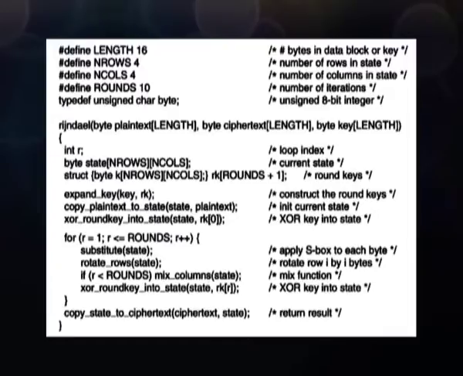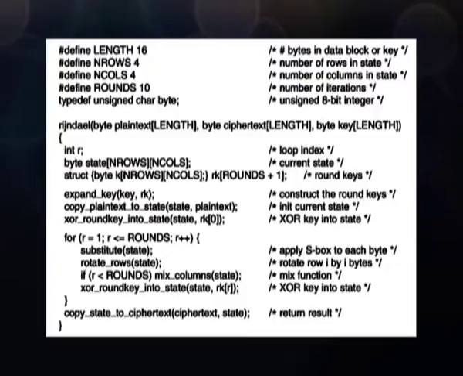This step is a straight monoalphabetic substitution cipher. Step 2 rotates each of the 4 rows to the left. Row 0 is rotated 0 bytes, row 1 is rotated 1 byte, row 2 is rotated 2 bytes and row 3 is rotated 3 bytes.